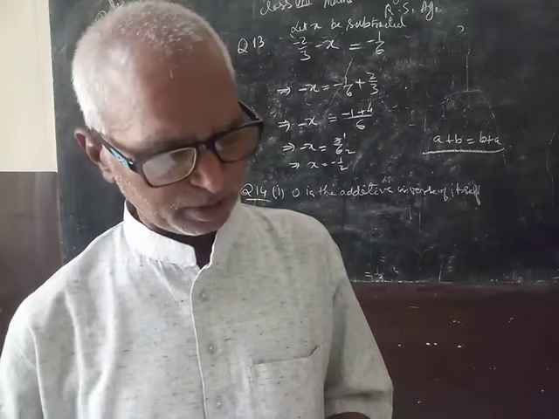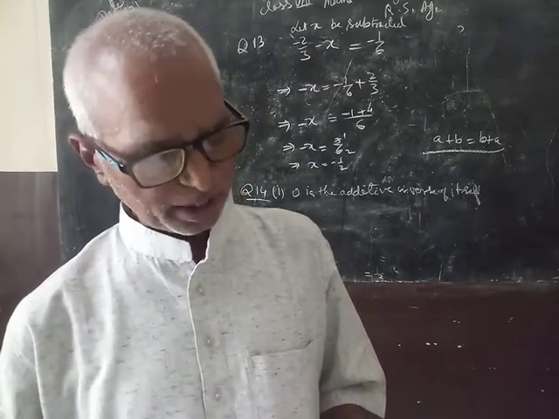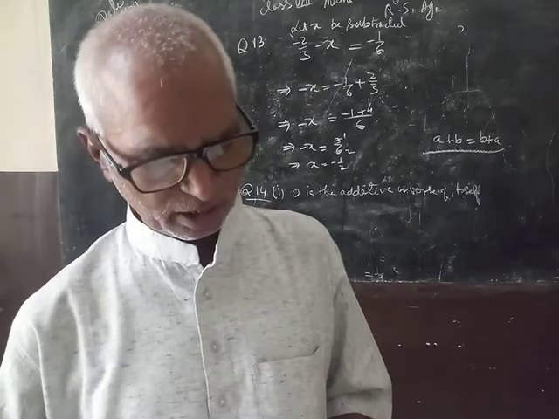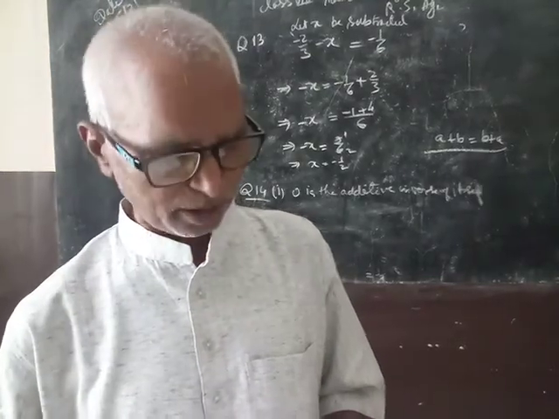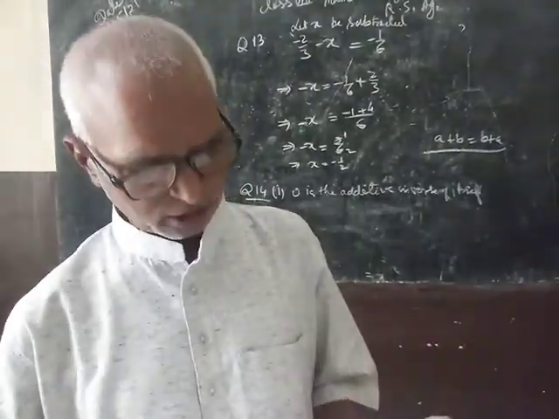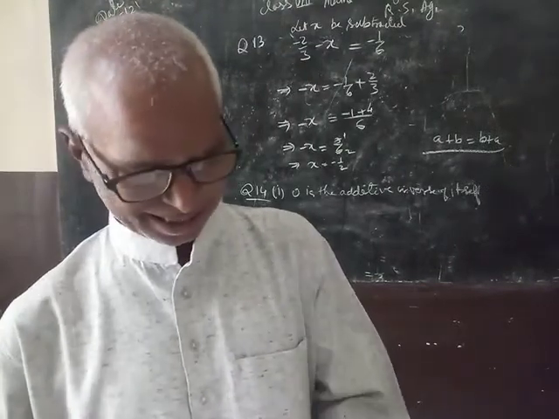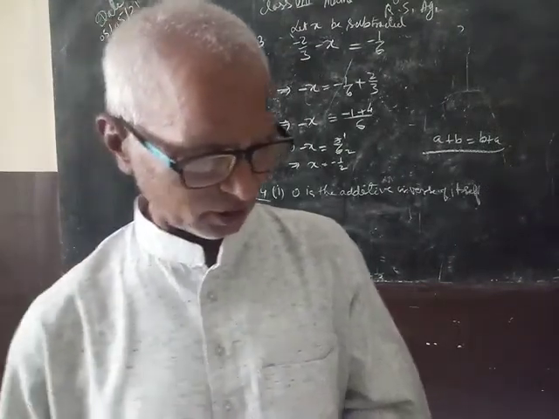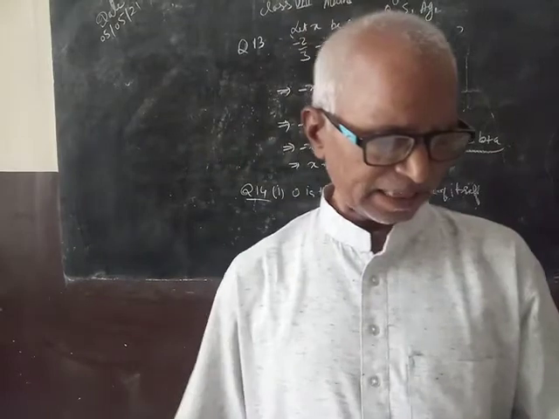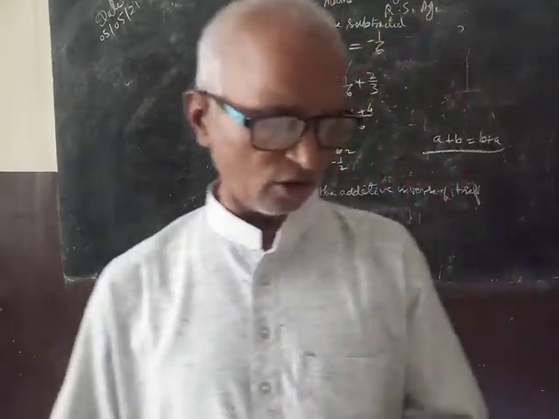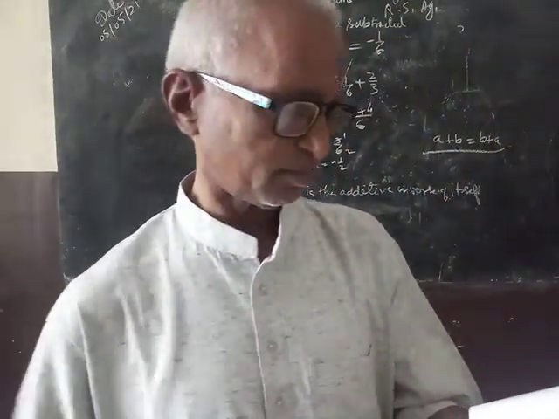So a plus b in bracket plus c is equal to a plus in bracket b plus c. Here also 3 examples are given. You can take these examples and the answer is yes. Addition is associative on rational numbers.